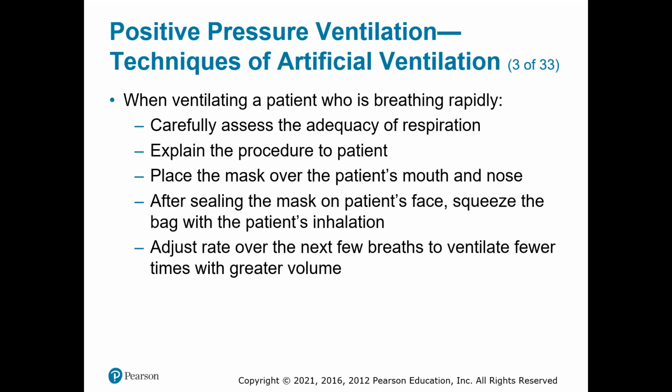You need to adjust the rate to get slower and slower. So you can start kind of rapid every like 3 seconds, and then pretty soon every 4 seconds, and then get down to the 5 or 6 seconds, and coaching them the whole time. I'll try to tell them to breathe in and hold that breath as long as you can. Try to coach them out. That's the biggest thing, is explaining and trying to calm them down.